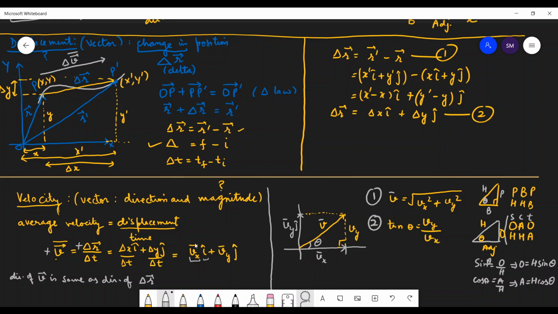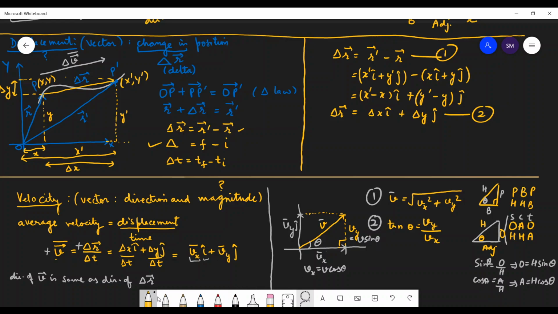And as I was talking about resolving of vector, this Vx length I can write in terms of V. This is the adjacent side to theta. So adjacent side is hypotenuse cos theta, and this is hypotenuse V. So Vx is equal to V cos theta. And Vy, the opposite side, is equal to hypotenuse sine theta, so V sine theta.